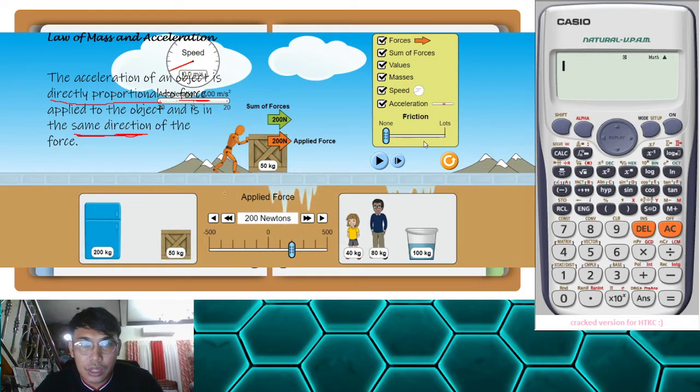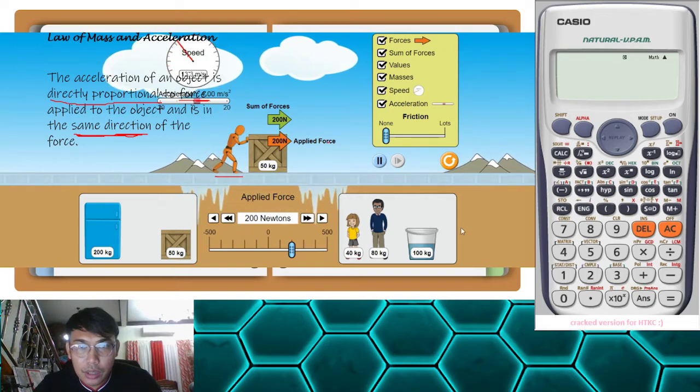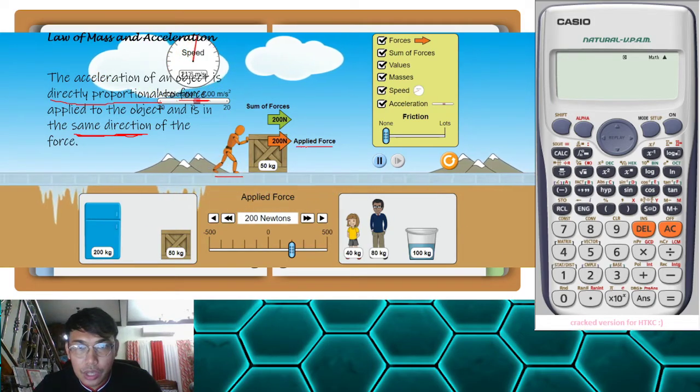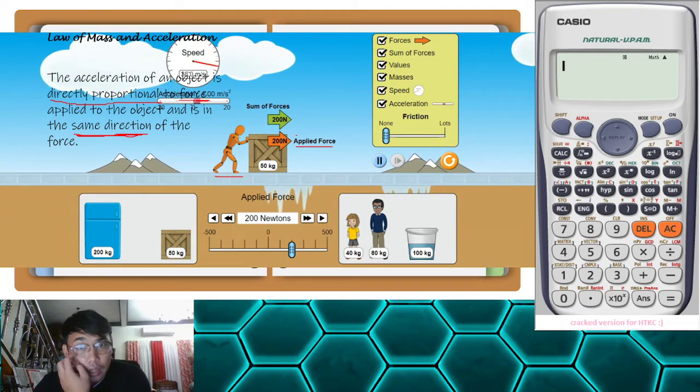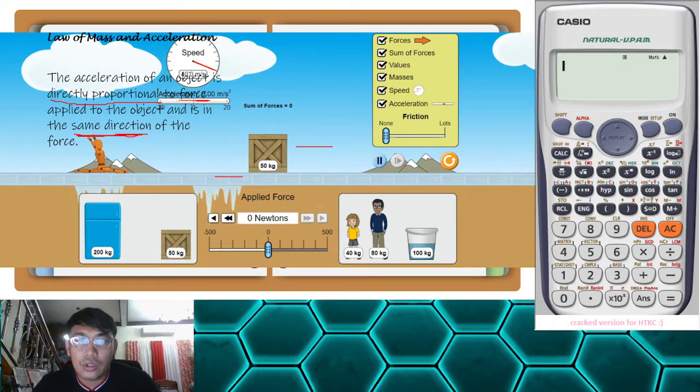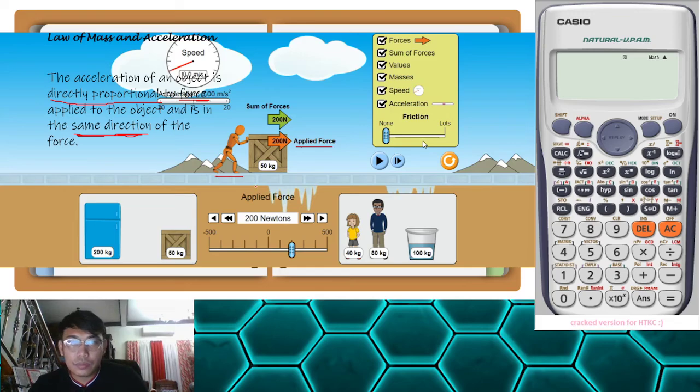As you can see, this guy is pushing. There is an applied force, and the direction of our guy and our object is in the same direction.